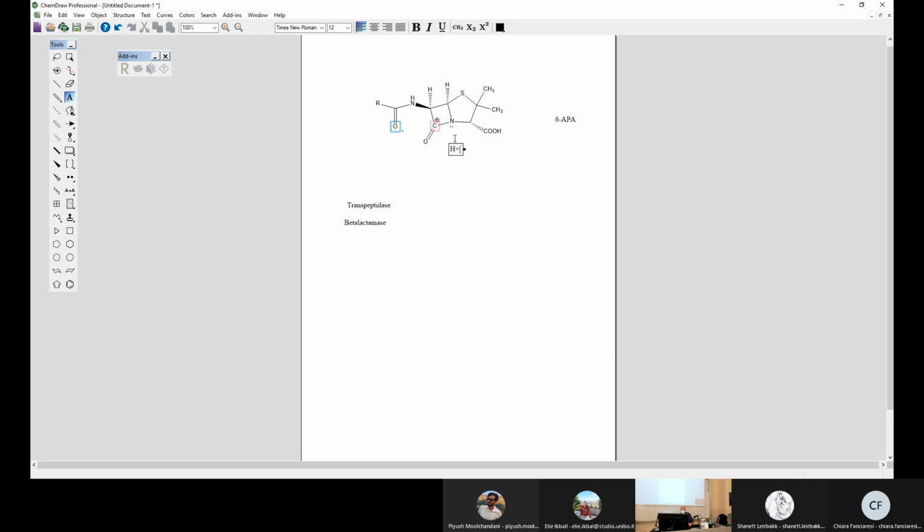In particular, you see this nitrogen atom of the beta-lactam ring has a lone pair. So normally, this nitrogen atom can be protonated, and in this case the nitrogen atom assumes a positive charge.